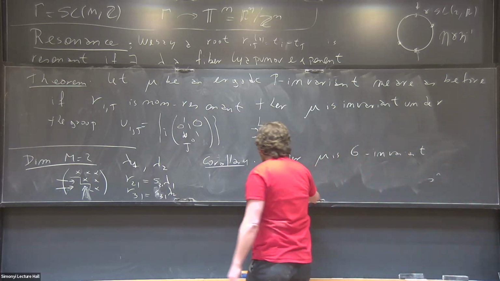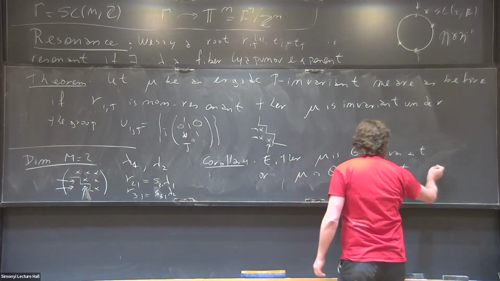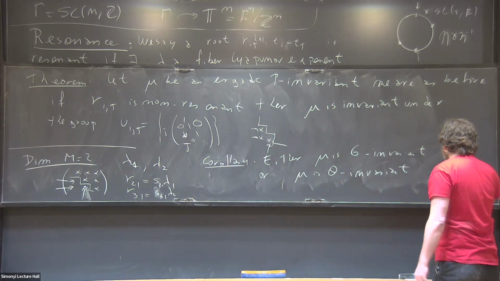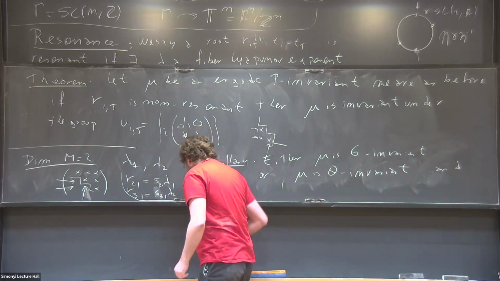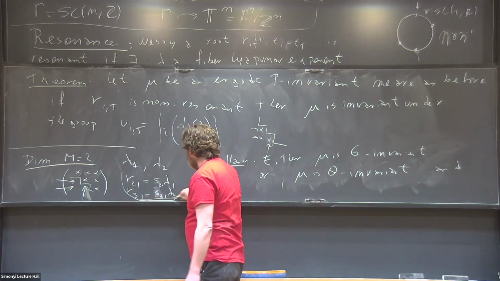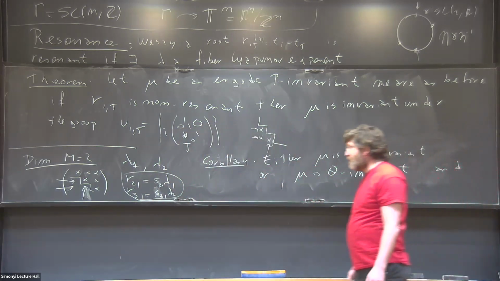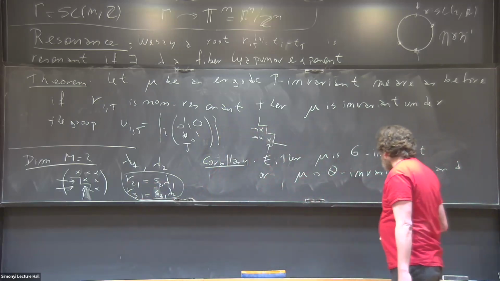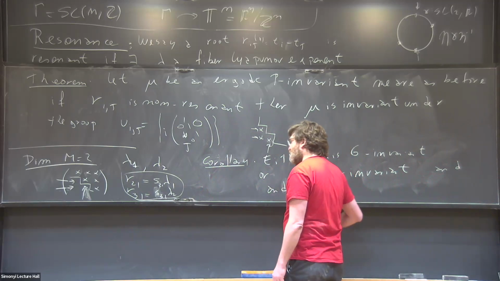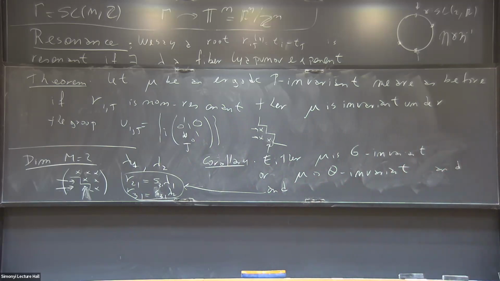Or mu is Q-invariant, and you adapt this condition, so you gain this knowledge: the Lyapunov exponents are multiples of these guys. These are the two bad situations.